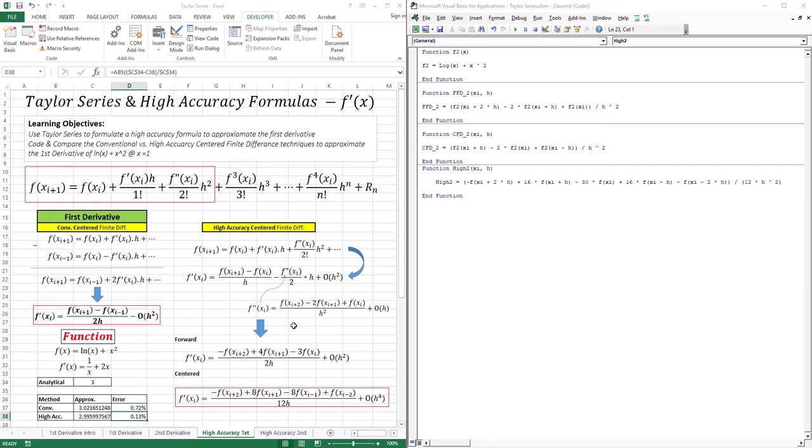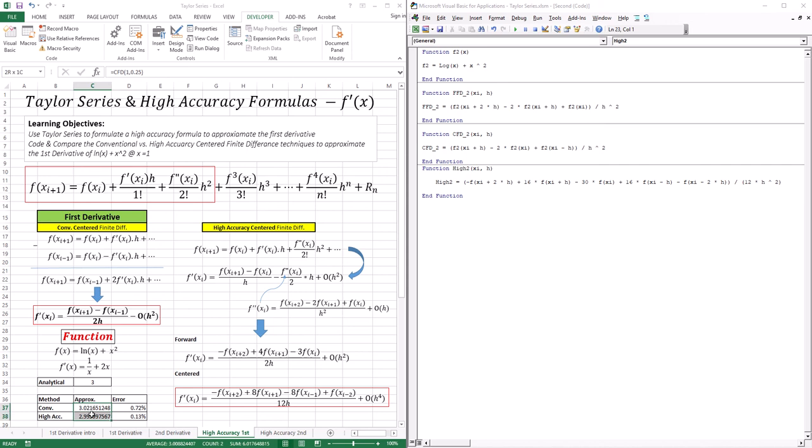Now, through similar manipulations that we did up here, we get the high accuracy centered finite difference, which I have down here. And you can see that the truncation error is directly proportional to h to the fourth, as opposed to the conventional centered finite difference, which is h to the second. So you can see from analyzing the truncation error, this is definitely going to be more accurate.